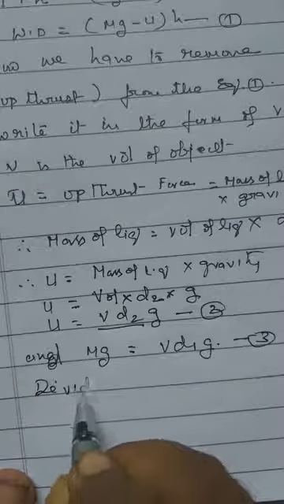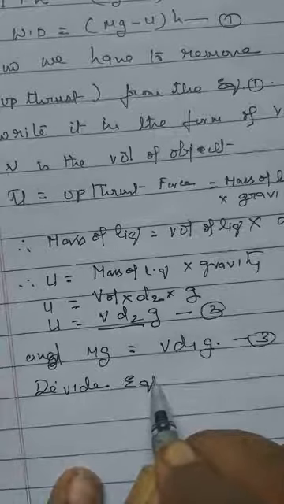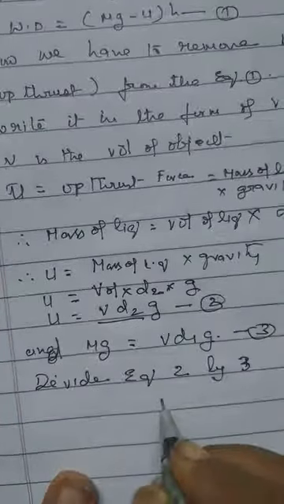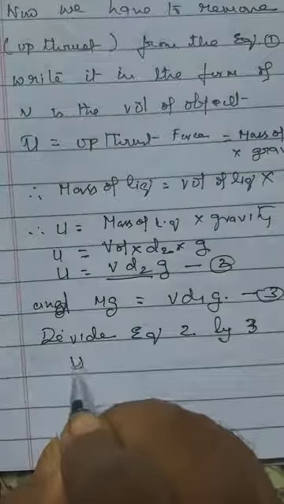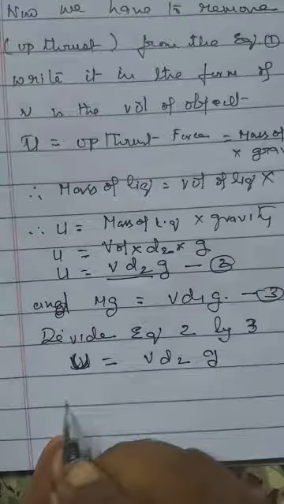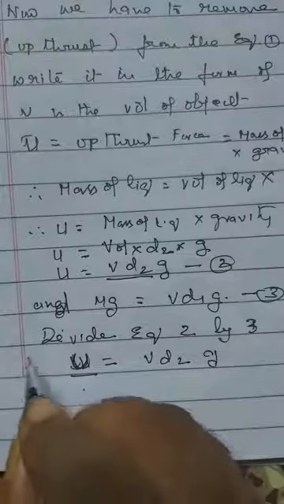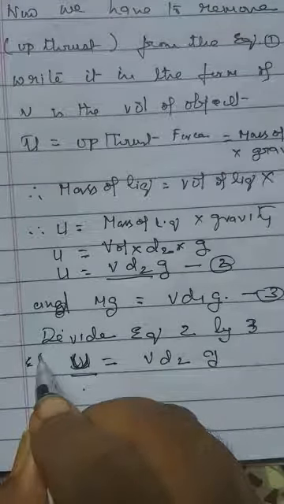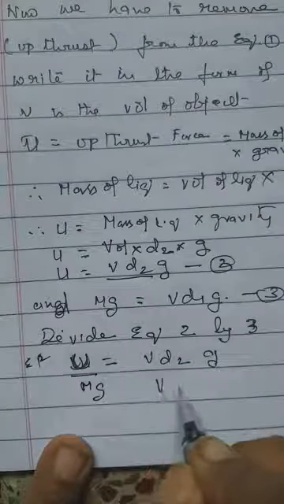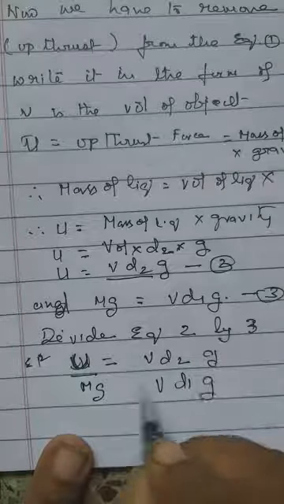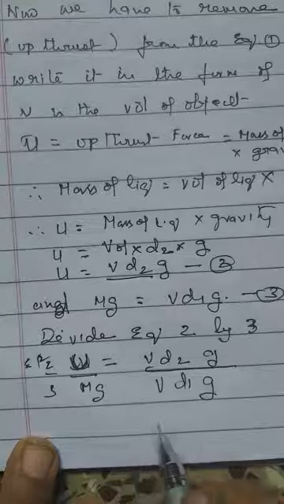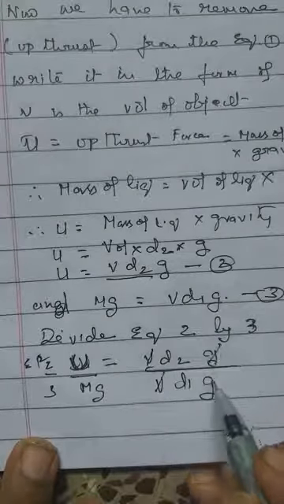Now divide equation 2 by 3. Therefore, U by mg is equal to V d2 g divided by V d1 g. Here we cancel V and V, and g and g.